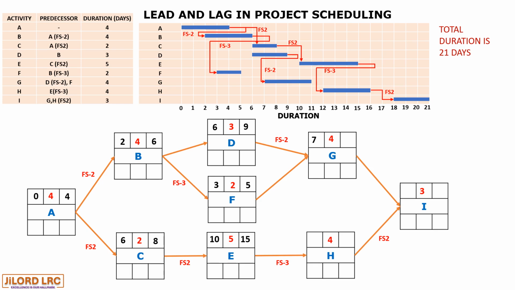Now let's look at H, which has a lead of 3 days. So 3 minus 15 is 12. And 12 plus 4 is 16.